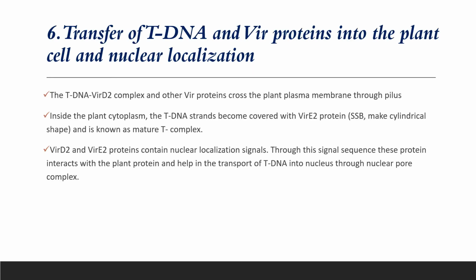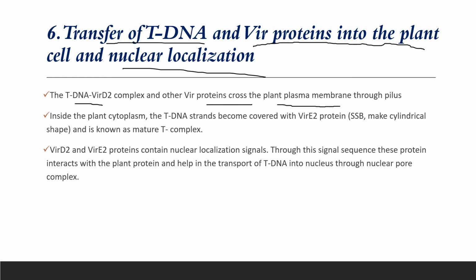So talking about the last step of the transfer: the transfer of tDNA and Vir proteins into the plant cells and nuclear localization. All right. So the tDNA along with the VirD2 complex and other Vir proteins cross the plant plasma membrane through the pilus.